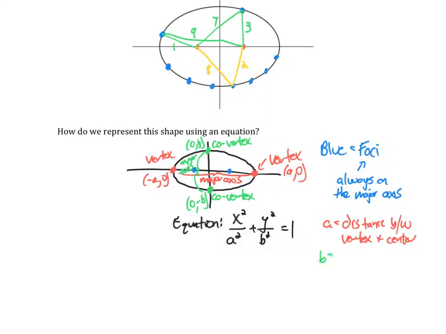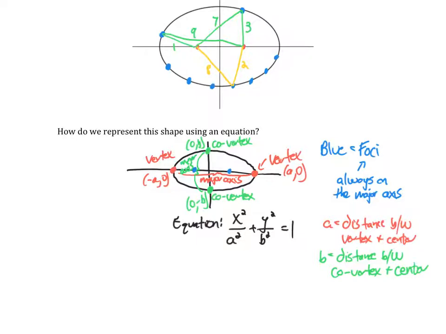So b equals the distance between the co-vertex and the center. So that's what the a and b represent in the equation. x and y are your variables, and notice it's equal to 1. The other conic we've seen is a circle. A circle is equal to r squared. An ellipse is always equal to 1.